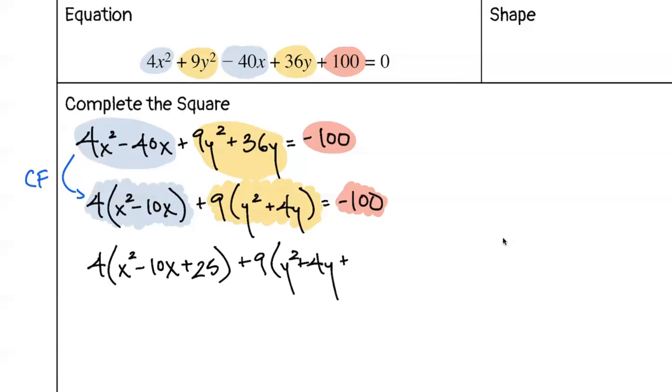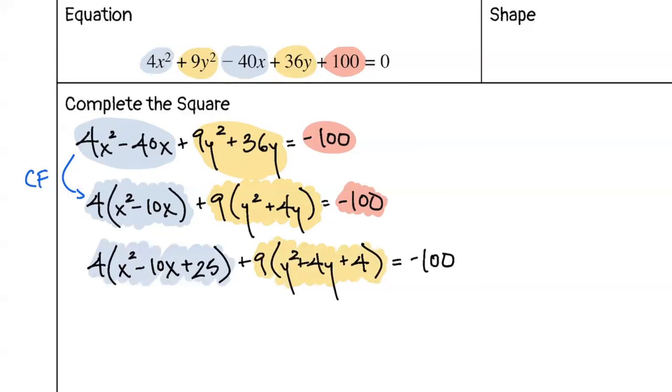And what's 2 squared? 4. Good. So we get half of that y value, or the linear term. So 2. 2 squared gives us 4. Now we've got not 1, but 2 perfect squares going on, which is exactly what we want. We want perfect squares.